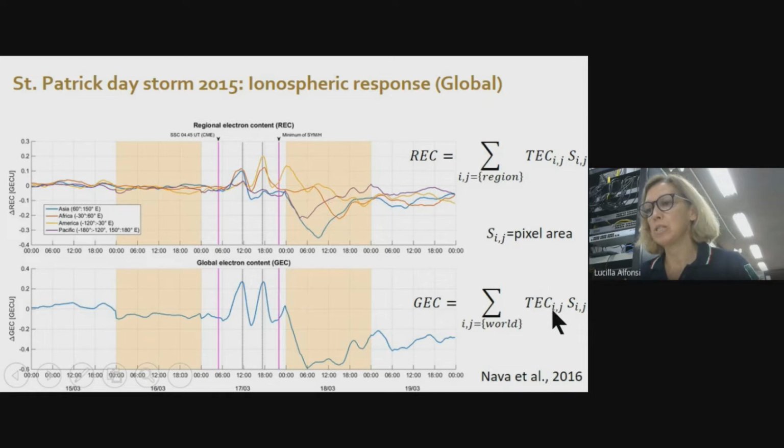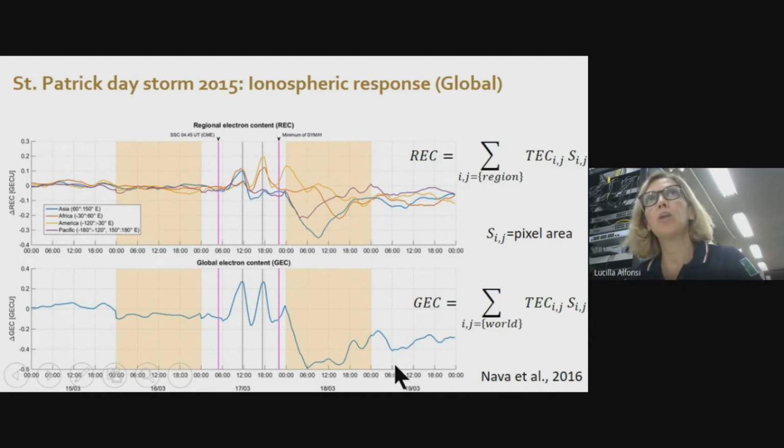For instance, you see that the variation of TEC is decreasing in Asia for the second part of the interval that is highlighted, while in America and in the African sector, we have an increase of TEC. So the response of the ionosphere is very, very different. And also during the recovery phase, you have a large displacement of TEC in the different regions.